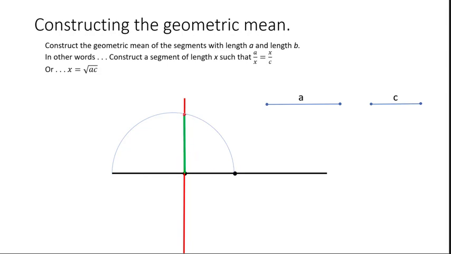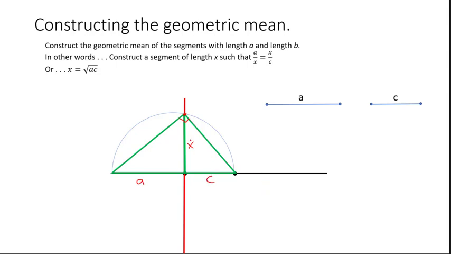From here to here, see in green, that segment is your length of x. And we're done. This works because what we've created is a right triangle if you connect those endpoints with this point right here. It's a right triangle with this as an altitude, and this segment is the length of a and this segment is the length of c.